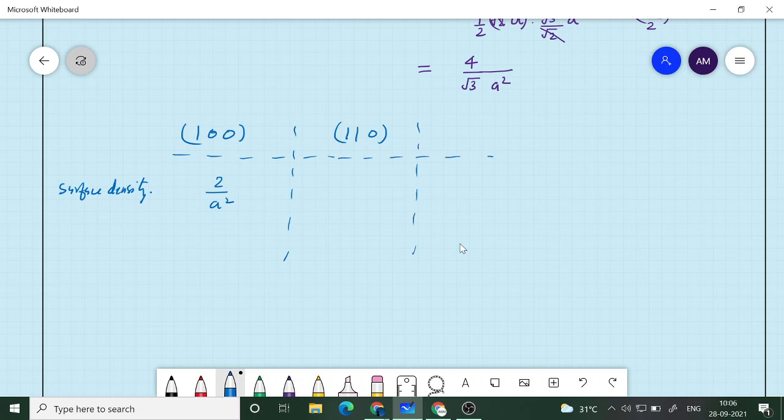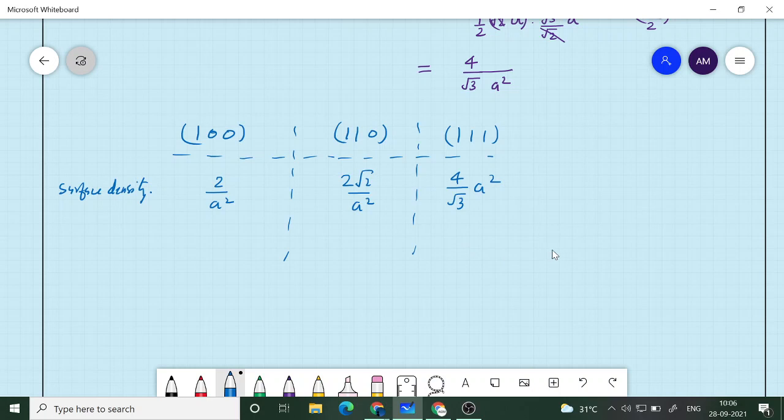And then we just now found out for the 1 1 1 plane, the last one is 4 by root 3 a square.